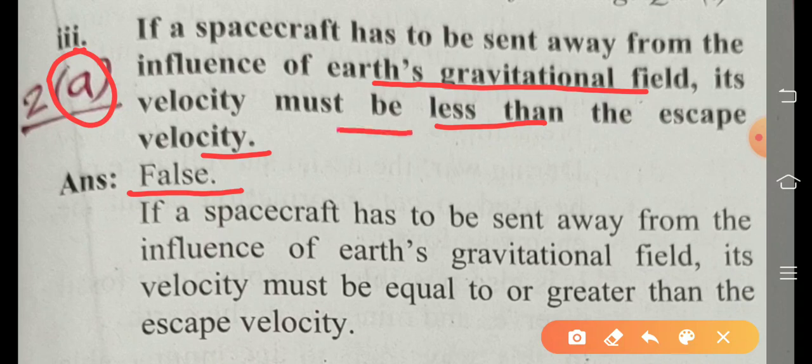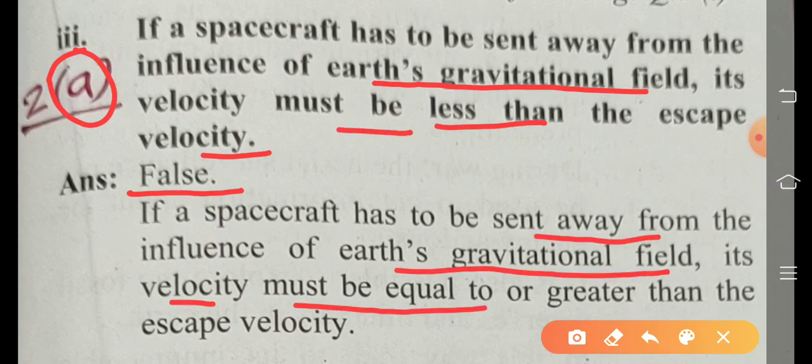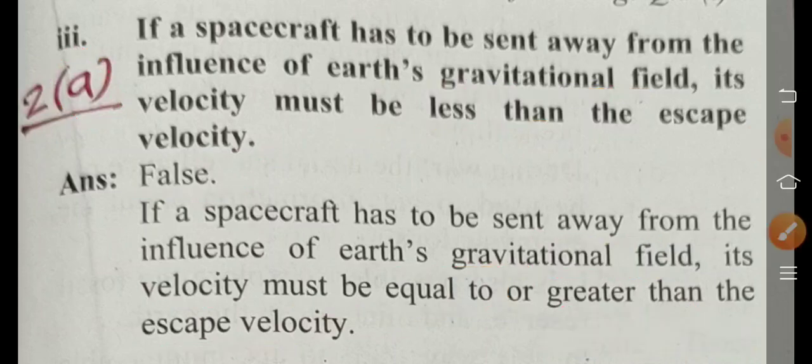If a spacecraft has to be sent away from the influence of the Earth's gravitational field, its velocity must be equal to or greater than the escape velocity. Only in that case will the spacecraft be sent away from the influence of the Earth's gravitational field, otherwise not.